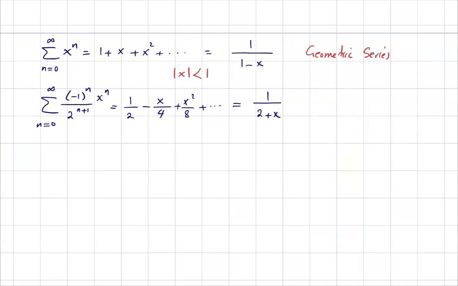As long as I have the summation of a quantity, like a box, to power n, starting from 0 to infinity, this can be written as 1 divided by 1 minus that quantity, as long as the absolute value of the quantity is less than 1.